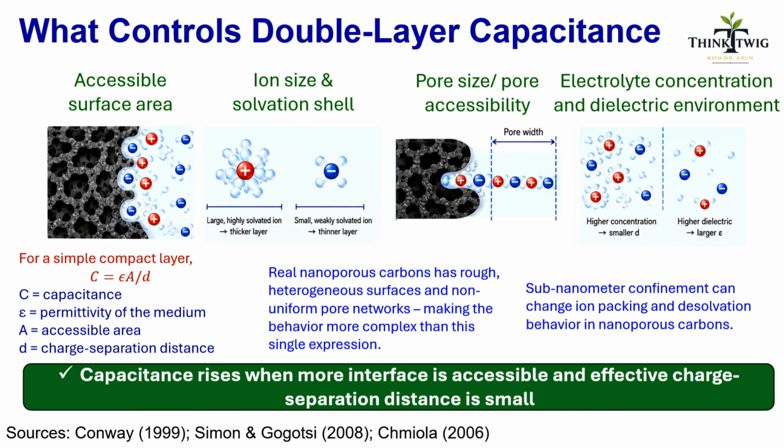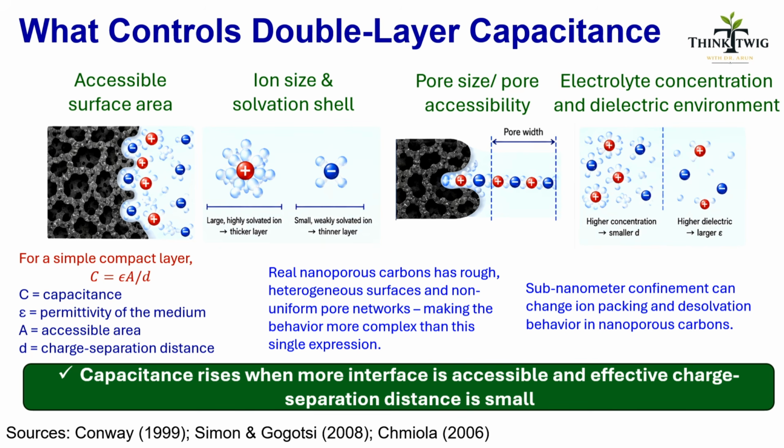The second factor is ion size. In a liquid electrolyte, an ion is usually surrounded by solvent molecules. This surrounding layer is called the solvation shell, and because of this shell, the effective size of the ion can be larger than the bare ion itself. That affects how closely the ion charge can approach the electrode.